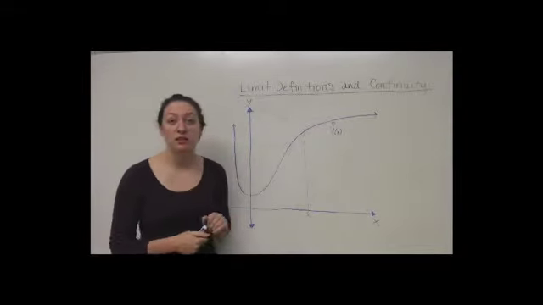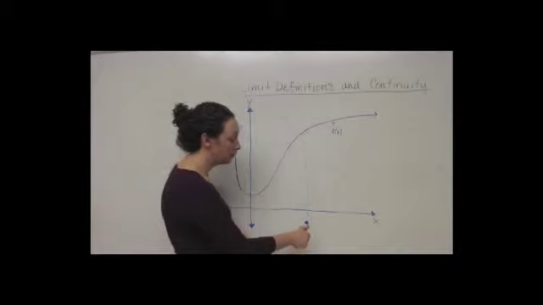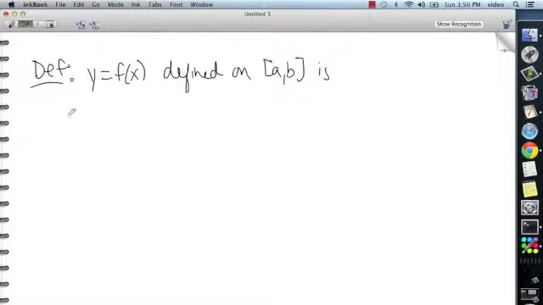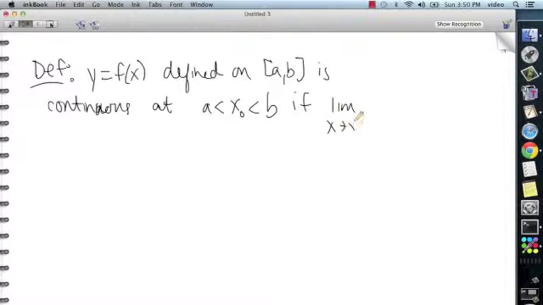So let's go ahead and write the definition that our function is continuous at the point x naught. The definition of a function being continuous says that our function f of x defined on the closed interval a to b is continuous at our point x naught, somewhere in between a and b, if the limit as our x values get really close to the point x naught of the function is the value of the function at f of x naught.